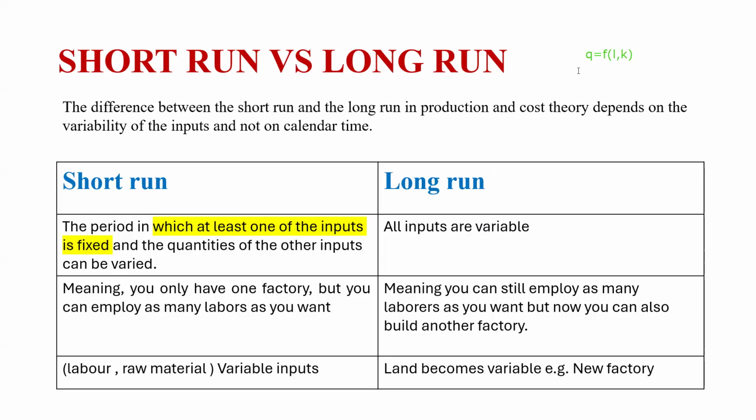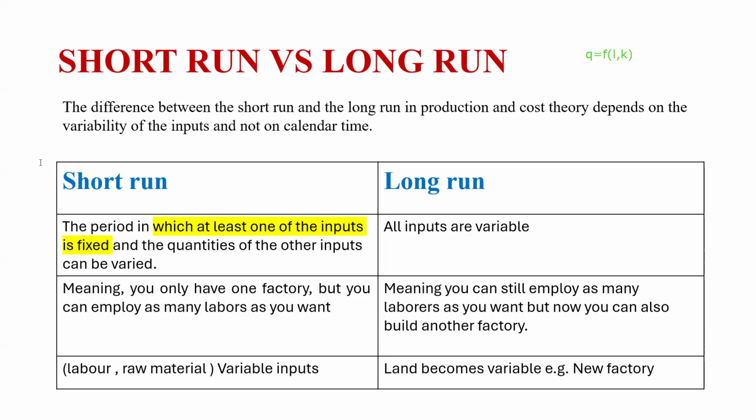Between these two, the fixed input will be your capital, because the baker, in the short run, cannot purchase more machinery. If he's using an oven to bake cakes, he cannot decide to purchase another oven in the short run.